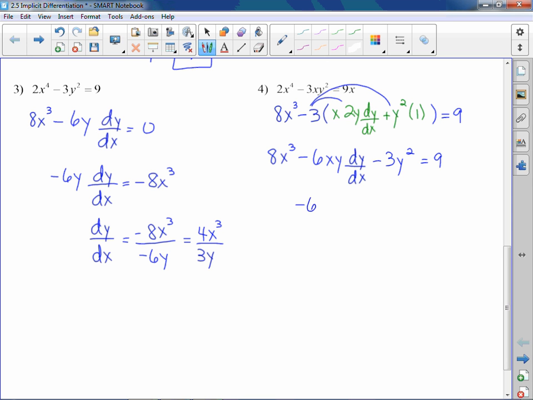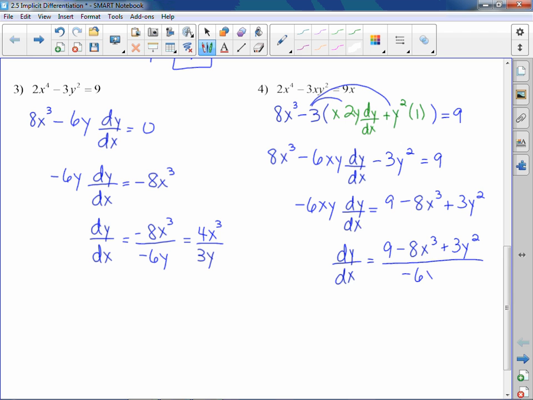So I'm going to have negative 6xy dy/dx equals 9 minus 8x cubed plus 3y squared. And divide everything by negative 6xy. So our derivative is going to be 9 minus 8x cubed plus 3y squared all over negative 6xy.